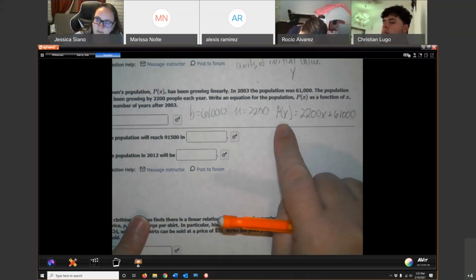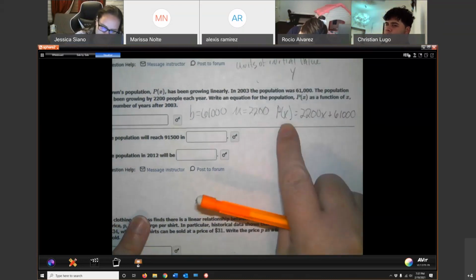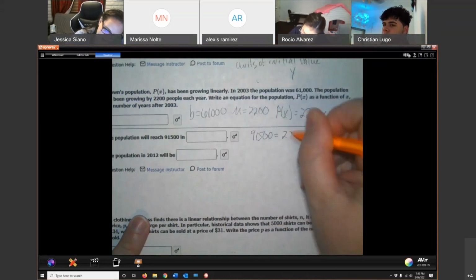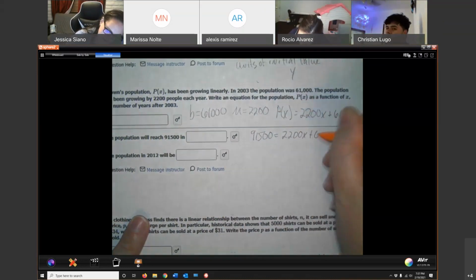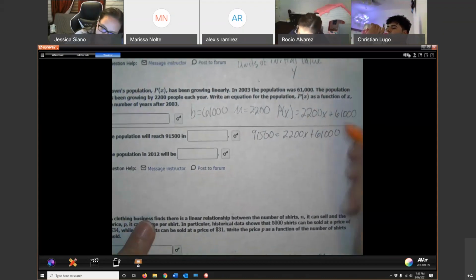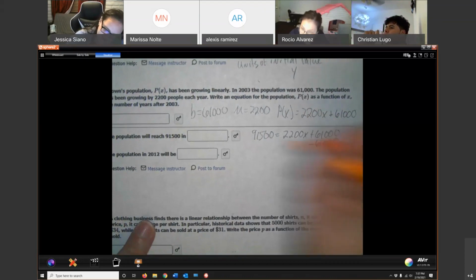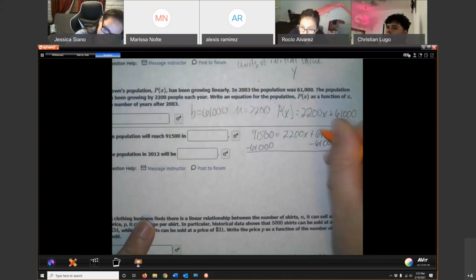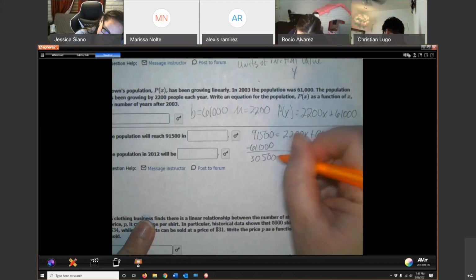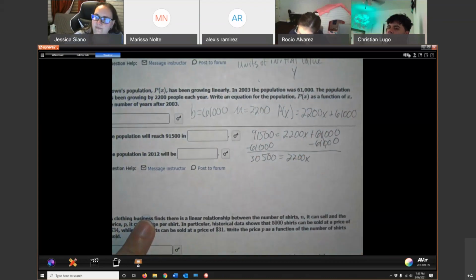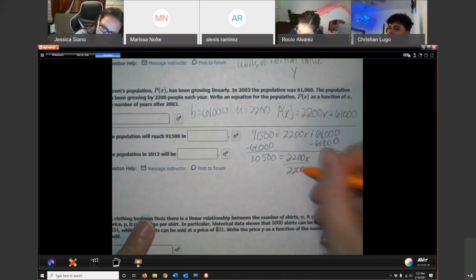So P is my population, so I'm going to replace P with 91,500, and I'm going to solve for x. I'm going to subtract the 61,000. And then I'm going to divide by 2,200.